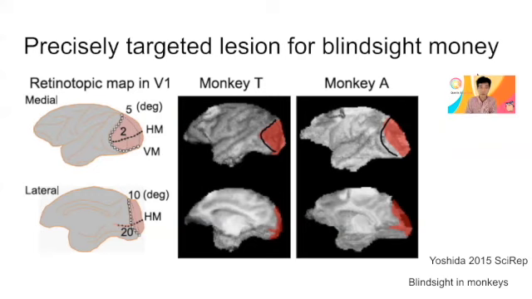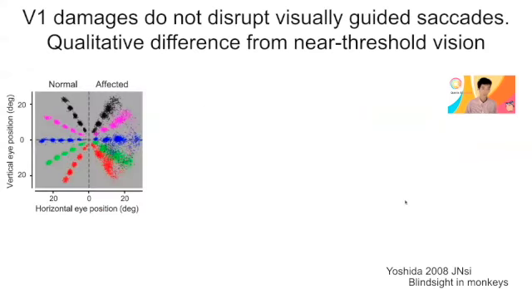This is very nice because we can make sure exactly which brain areas are damaged while the monkeys are alive, doing the task, and we can also record the neurons and so on. So this is Yoshida's study, and monkey T and A's lesions are visualized.